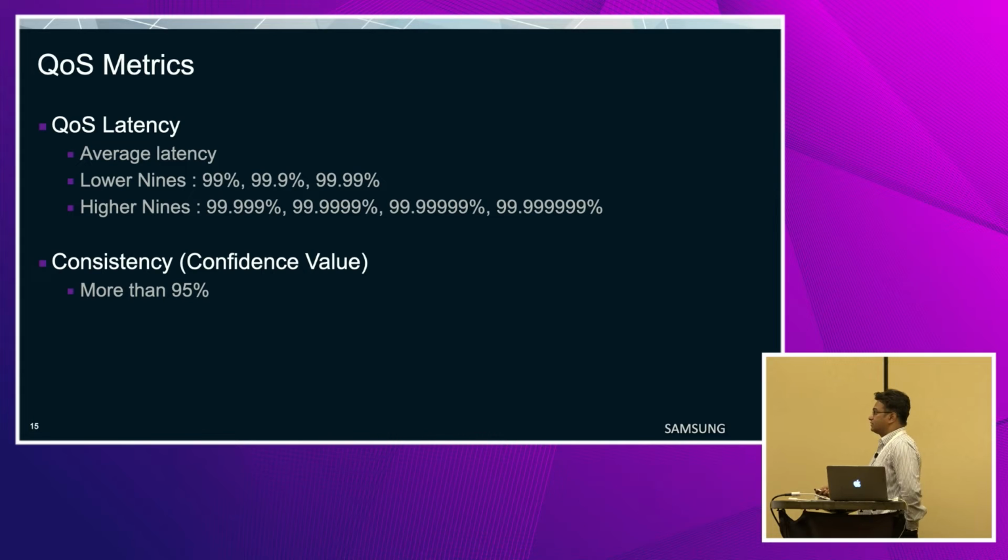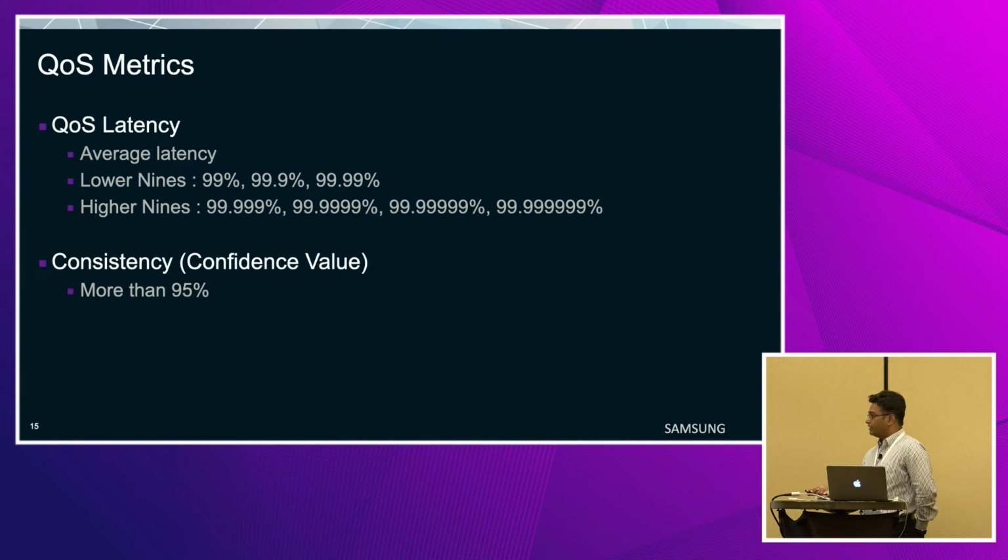QoS metrics: if you see the SSD specifications, they talk about latency, average, and 2, 3, or 4 nines maximum. But they don't talk about the higher nines. Higher nines come when the industry measures: 5 nines, 6 up to 9 nines.